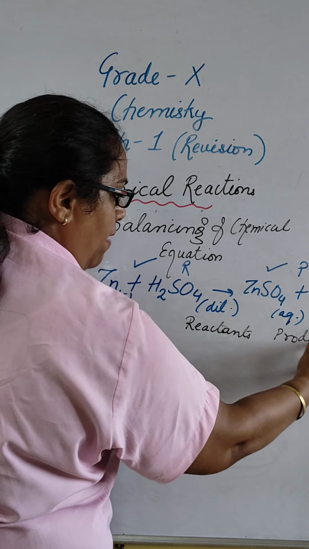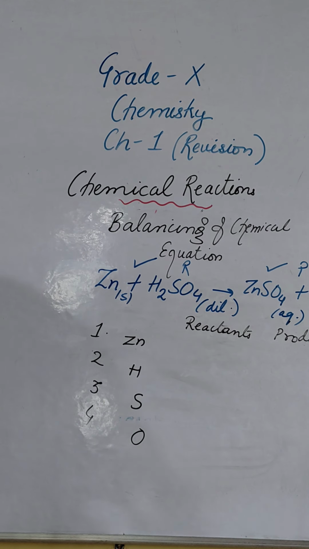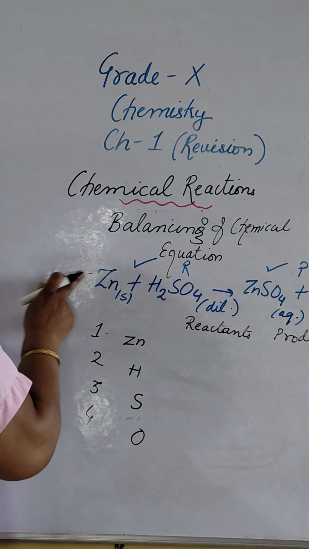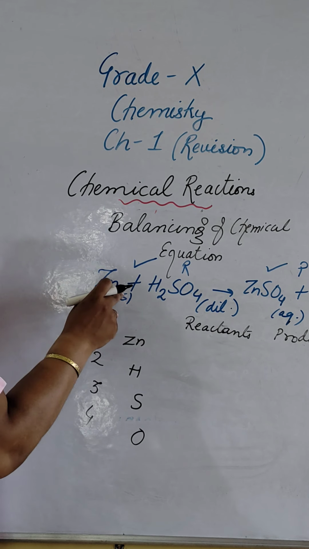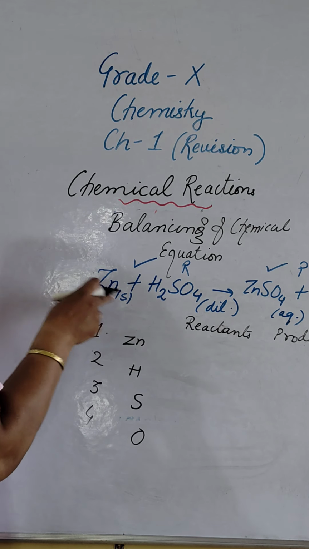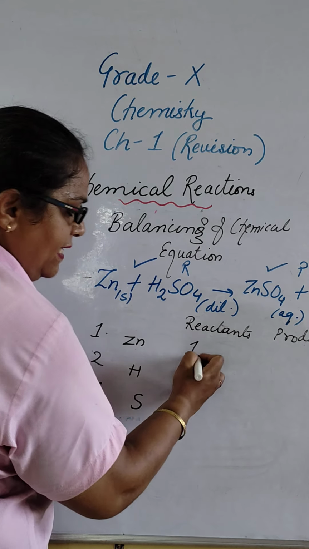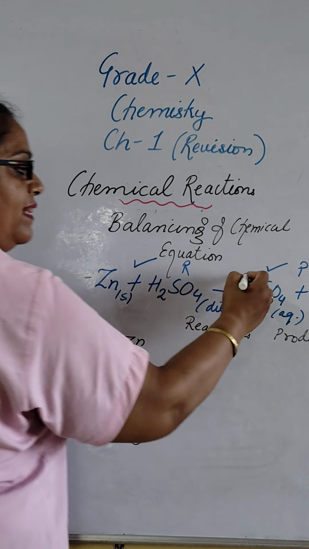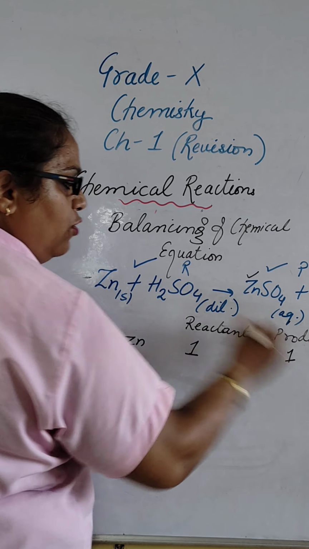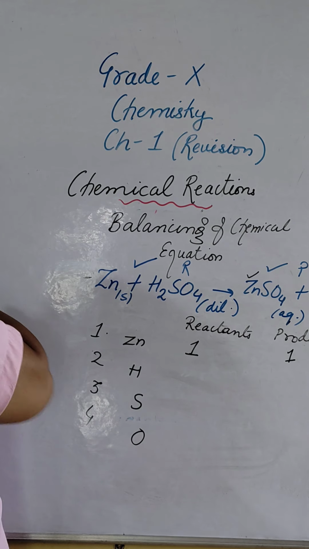Now check their number on both the sides. How many is it here? Nothing is written in the parenthesis, which means no stoichiometric coefficient, so zinc is 1. On this side, zinc is also 1.